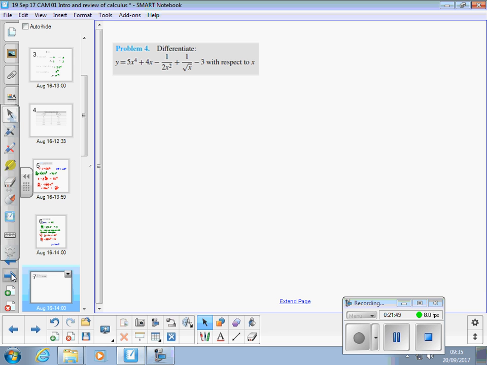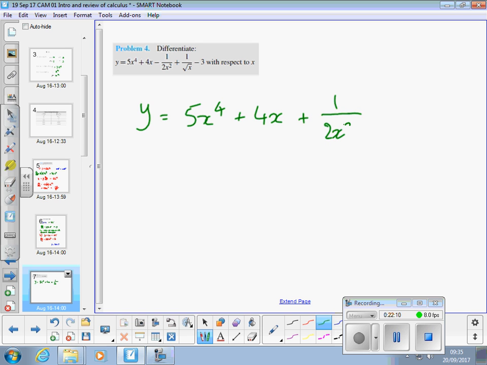So, problem 4. Differentiate that function. How do we go about doing that? Someone like to tell me what we need to do. We've got y is equal to 5x to the 4 plus 4x plus 1 over 2x squared plus 1 over square root of x minus 3.